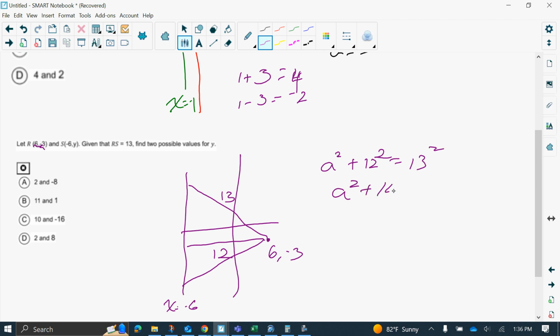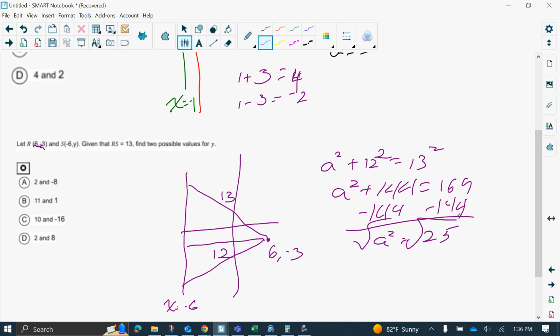So a squared plus 144 equals 169. And so a squared equals 25. Square root, and a is 5. So that means we went up and down 5.